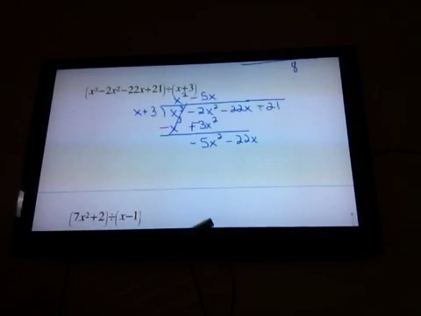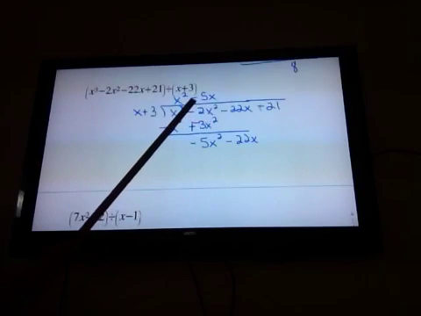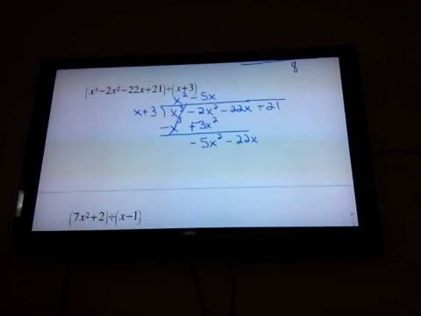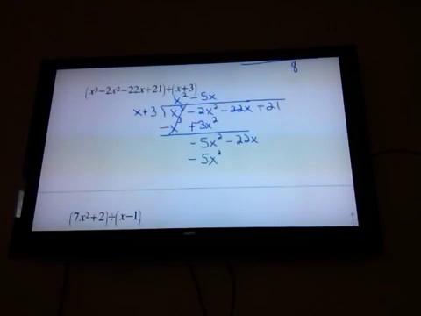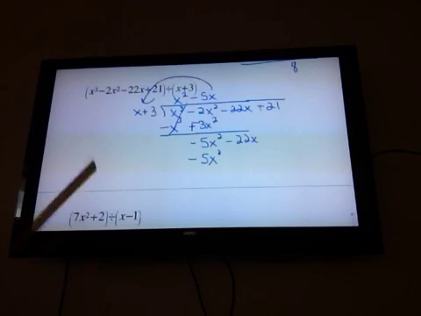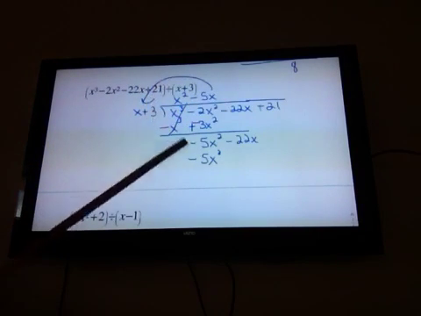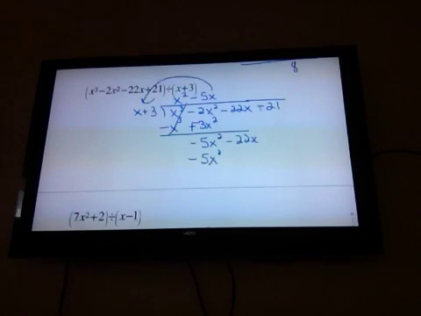So it's very repetitive, same process over and over. Negative 5x times x is negative 5x squared. They match, they should. Negative 5x times positive 3 is a negative 15x.